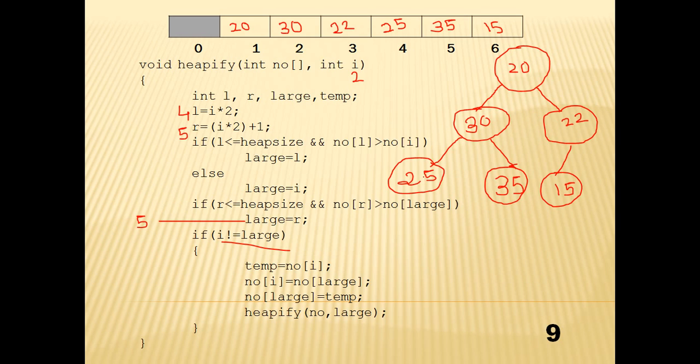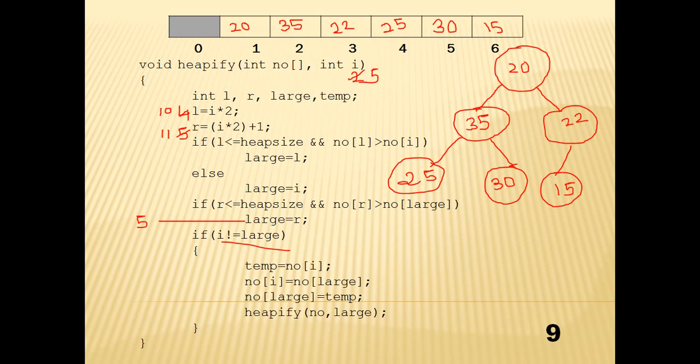So we have interchanged 35 and 30 in the equivalent array, these two elements. And again heapify will be called by passing large. Large will be 5, L will be 10, and R will be 11.